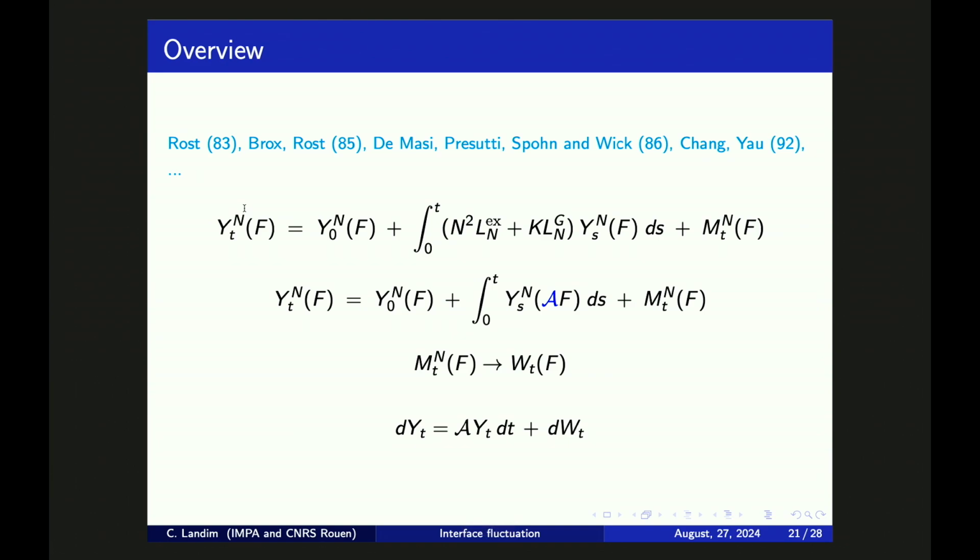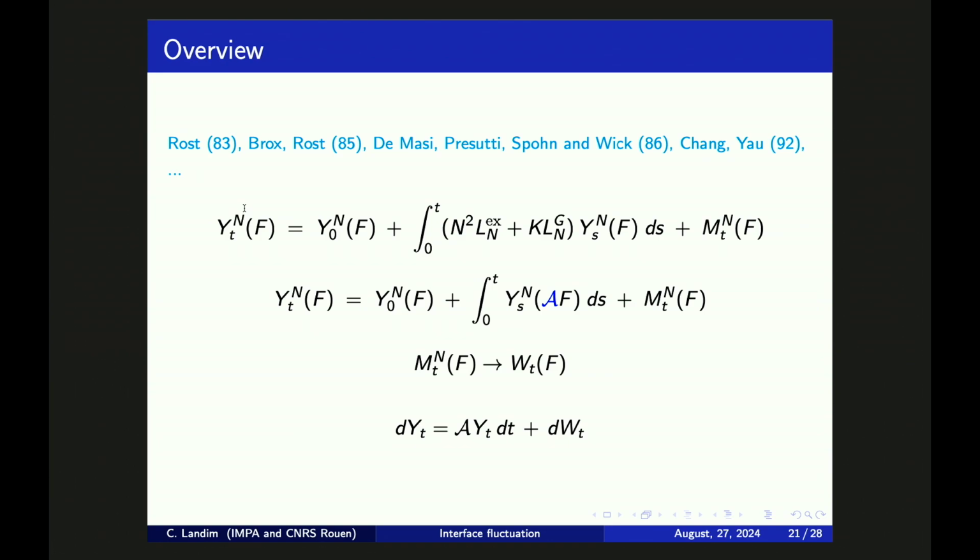what the difficulties are. So what you do is you write down your martingale. You represent your field as a drift term plus a martingale. The martingale will converge to the noise, and it is not very difficult to prove that this martingale converges to the noise.